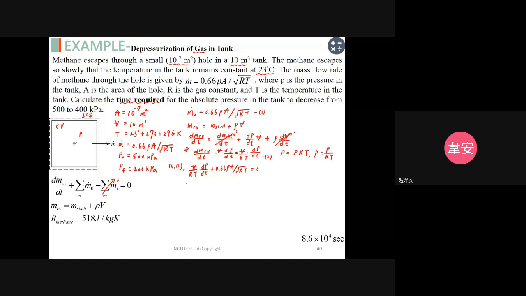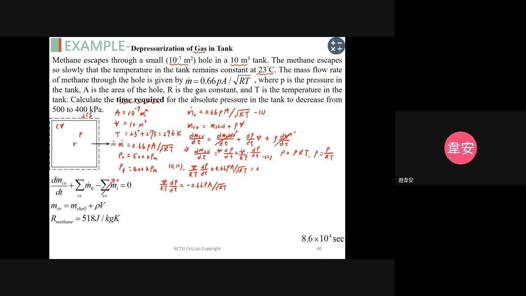Okay, and dP/dt, and V divided by RT. Then we move the second item to the right hand side to become minus 0.66 times pressure times area divided by the root of RT.